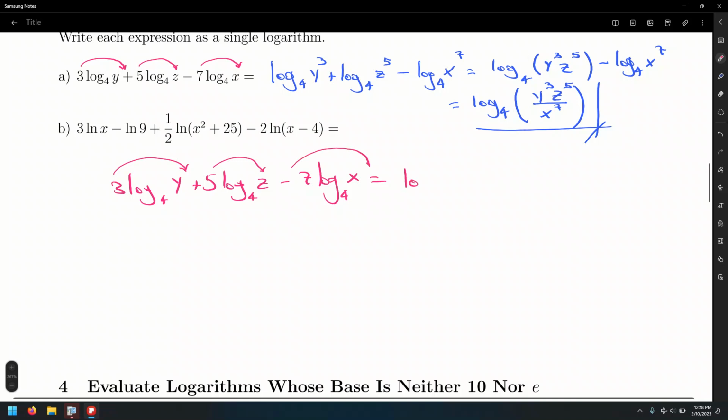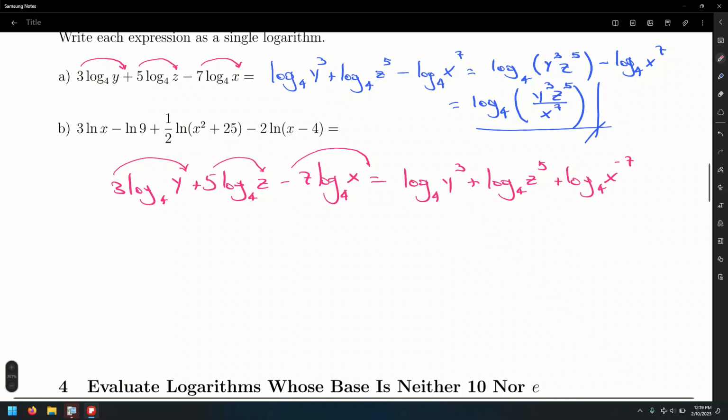So that's going to be log base 4 of y to the third power plus 5 log base 4 of z to the fifth power. And then, since I'm carrying the negative to the power, we should write this as positive, plus log base 4 of x to the negative 7.